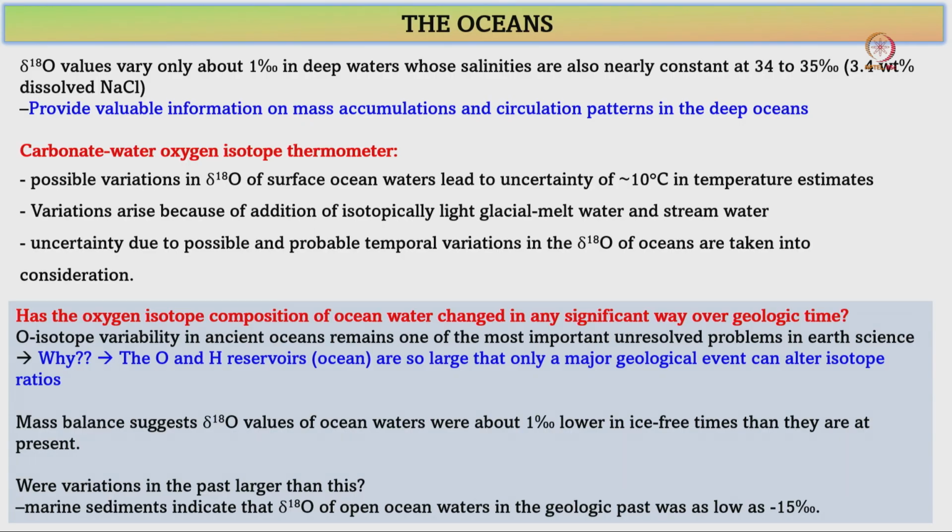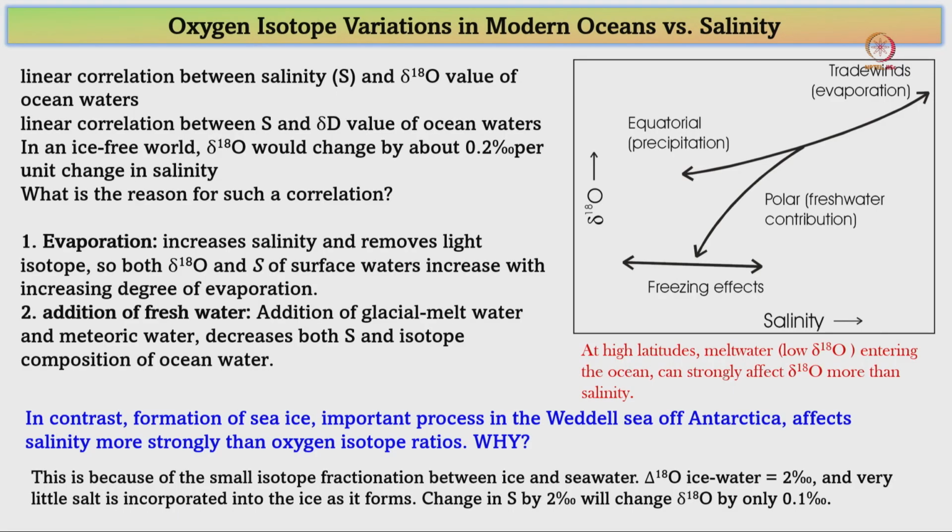So, water trapped in the marine sediments, as fluid inclusions and all that, people have studied that water and have been able to determine the isotope composition, and as low as minus 15 parts per mil was there, therefore indicating that in the past we would have seen a huge variation in the water isotope data.